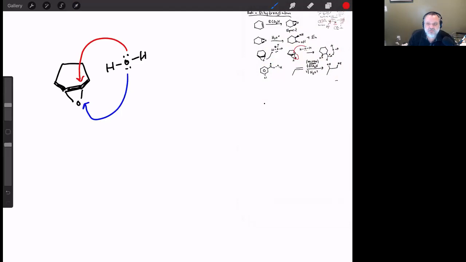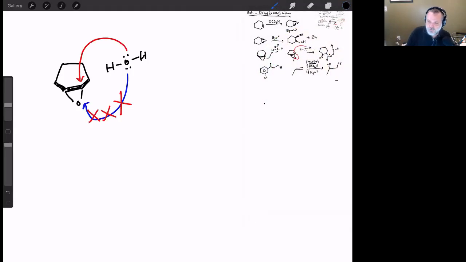And this is essentially the same idea as backside attack. And so this explains the fact that it's anti-dihydroxylation, that the one OH group points in the opposite direction as the other OH group in the final product, because this syn addition isn't favored because of the steric hindrance in that cyclic intermediate.